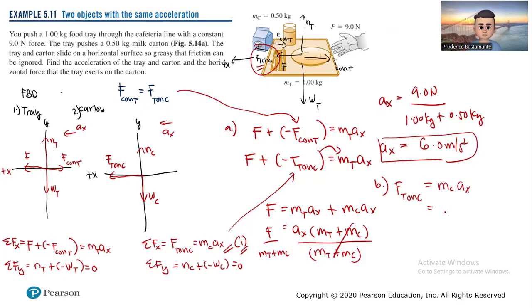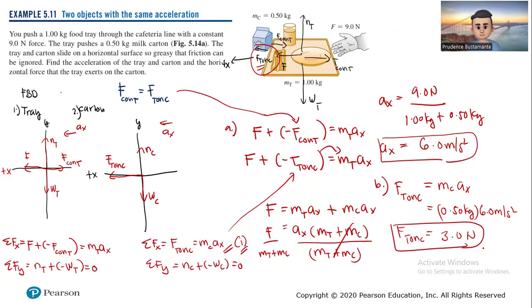Okay, 0.50 kilogram times 6.0 meters per second squared. So we have 3.0 Newton. Okay, this is our F of T on C. This is the answer of letter B.